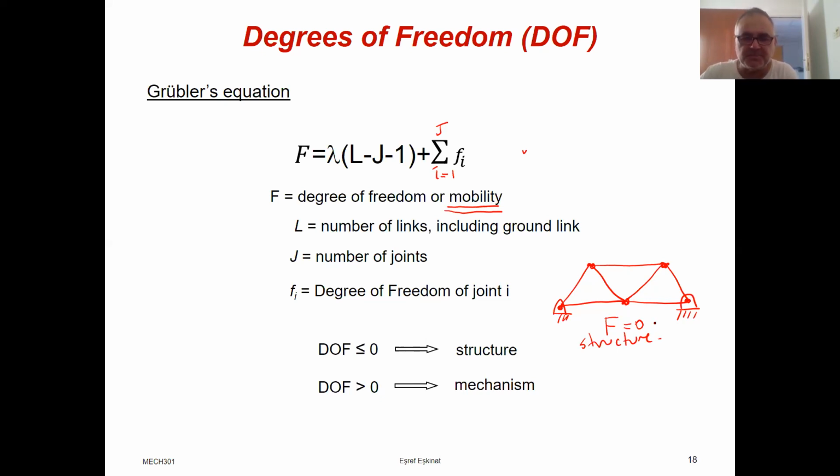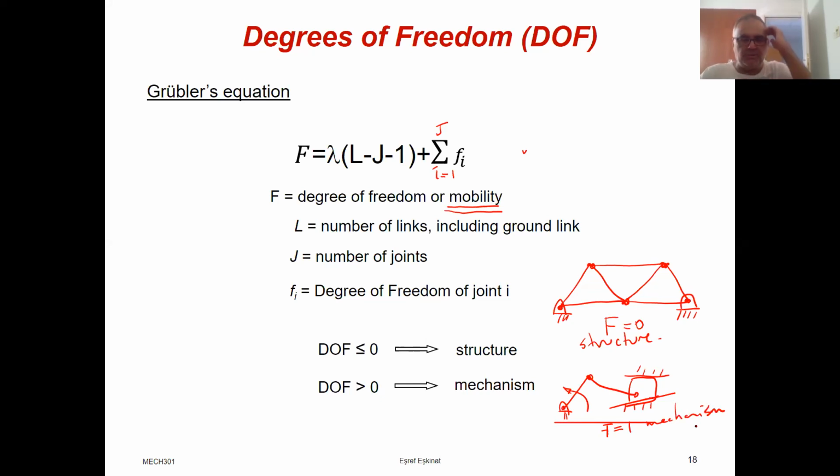it's fixed. But if you have a mechanism like a 4 bar or a slider crank like this, not a good drawing, but you understand, I hope, this is a mechanism now, and it moves. If you connect a crank to it, this has a degree of freedom of 1, so it is a mechanism.